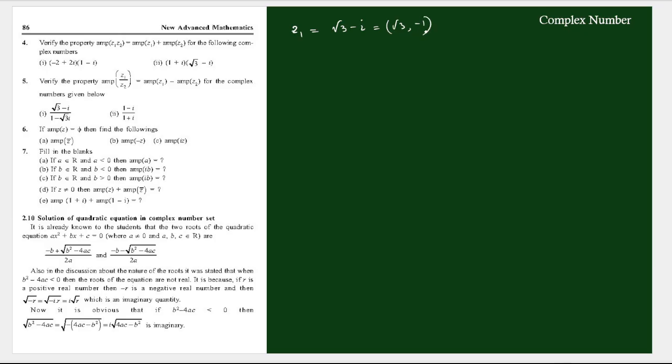So this lies in the fourth quadrant, right? The positive part comes, then negative, in the fourth quadrant. So we write it lies in the fourth quadrant. Let theta 1 be the amplitude.